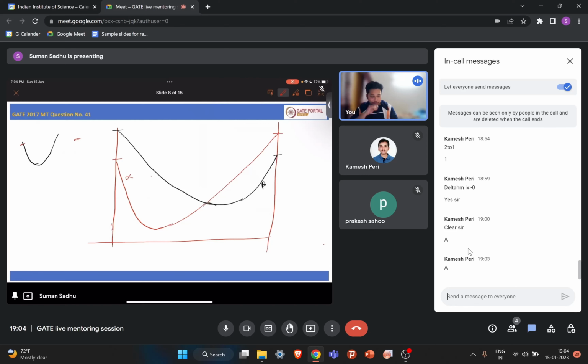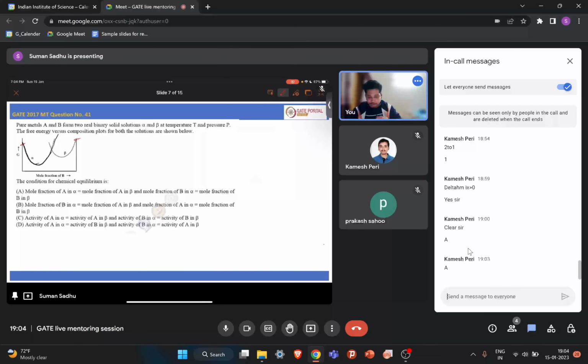So what was the question? The question is: pure metals A and B form two real binary solid solutions alpha and beta at temperature T and pressure P. The free energy versus composition plots for both solutions are shown below. The condition for chemical equilibrium.